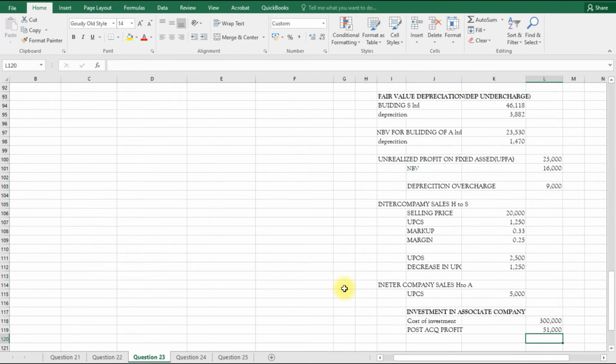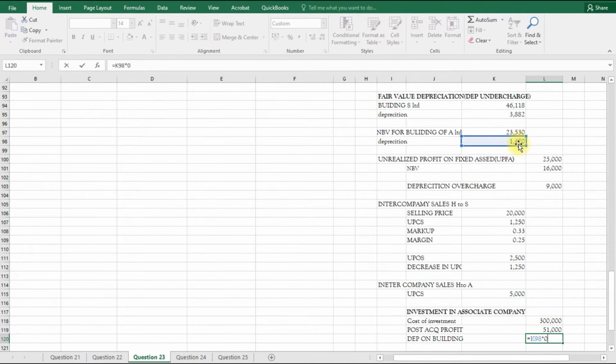So we shall have 51,000, and we minus our share of the depreciation on building. Remember the depreciation on building, we have calculated it here, which was 1470.